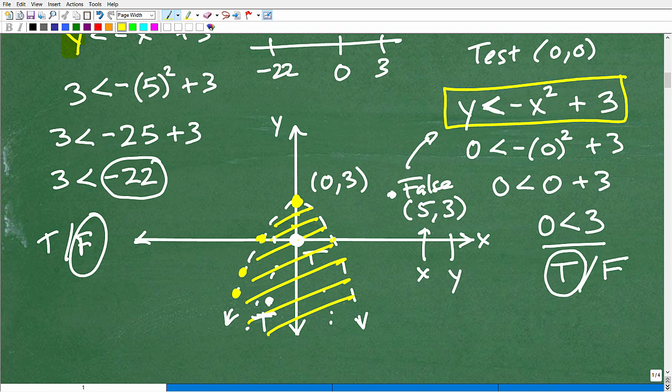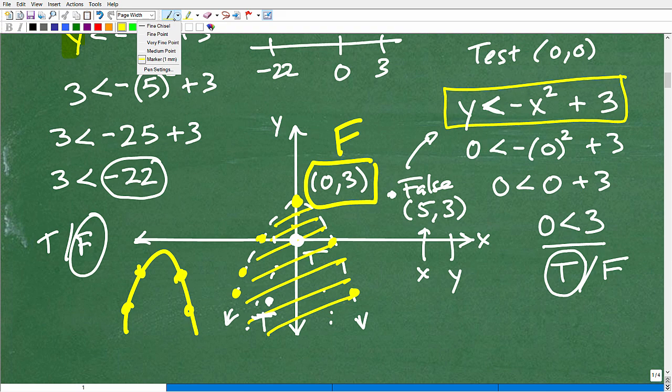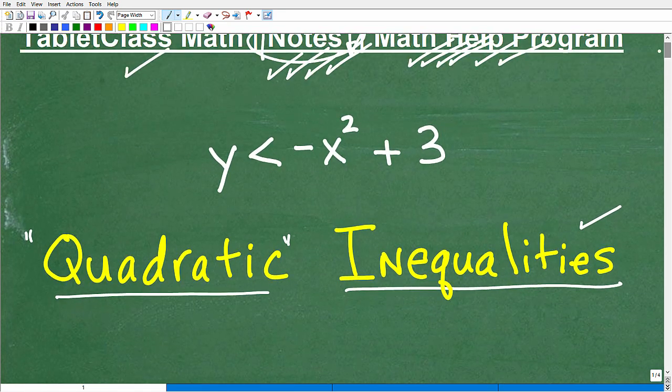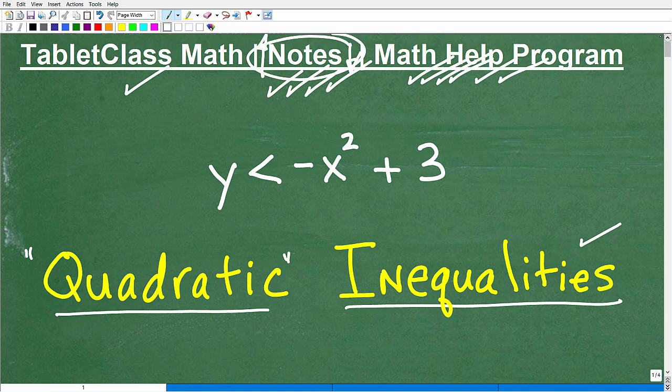Points that are on the border of the graph are not part of the solution, so that would be false. If this was a solid graph like this, any points that are on the actual graph would in fact be part of the solution set, okay? All right, so that's a quick overview of quadratic inequalities, and hopefully this was like, oh, okay, I get it.